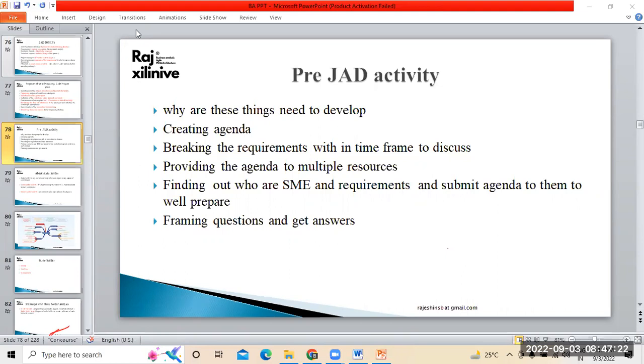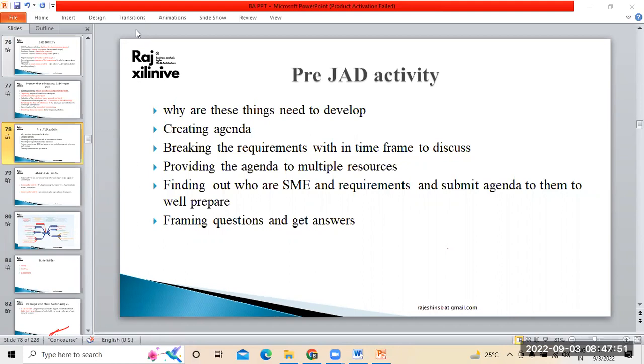Once you have identified them, you invite them and ask them to come with the agenda points very clear. Their questions have to be posed and answered within 10 minutes, so that whatever agenda points we have and whatever is to be discussed is completed within the timelines of the JAD session.